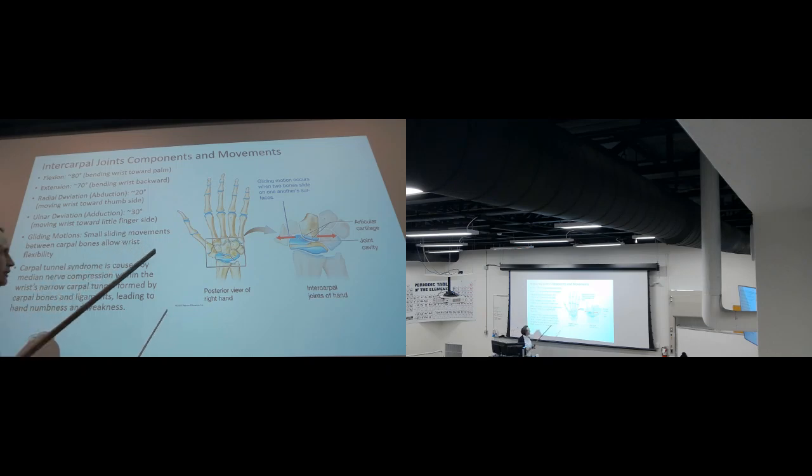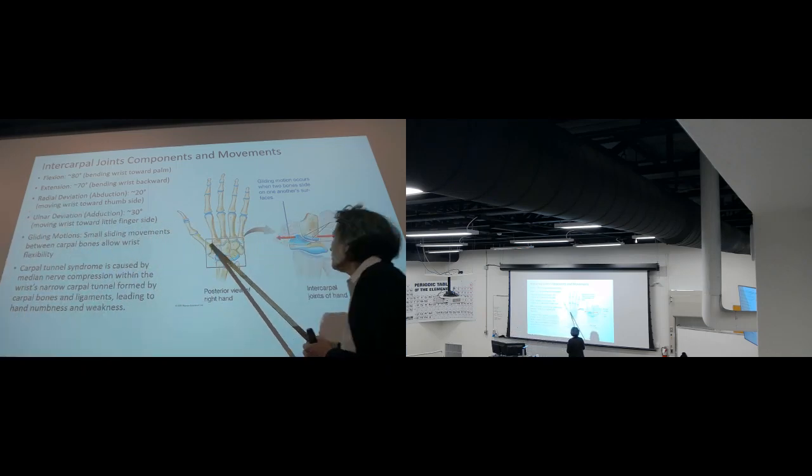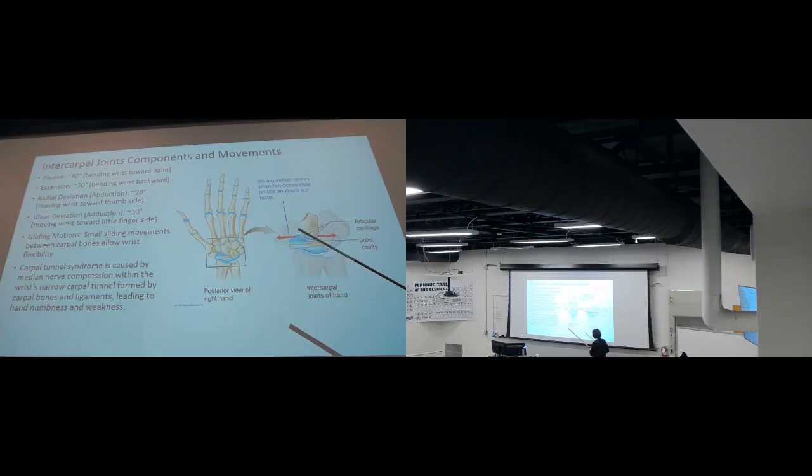So here is then a view of all of these bones. We have a scaphoid, lunate, triquetrum, pisiform is underneath, and then trapezium, trapezoid, capitate, and hamate. And here is the articular cartilage between them, which you can see here, and then you have gliding movement.